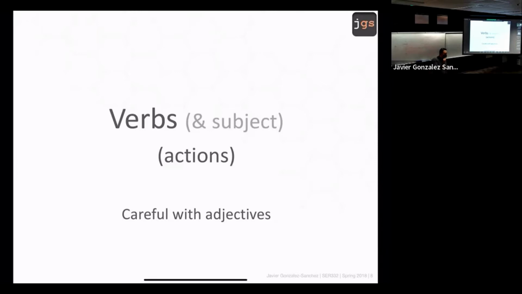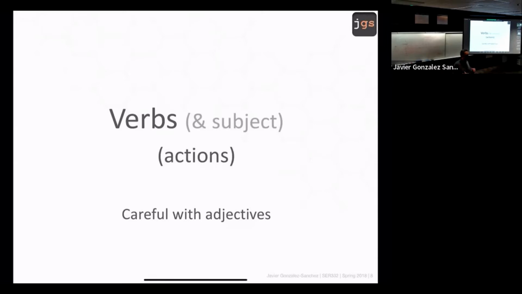Second, when we have a verb, it's useful to connect that action with the subject that is going to create that action. In my examples, I mentioned the user.